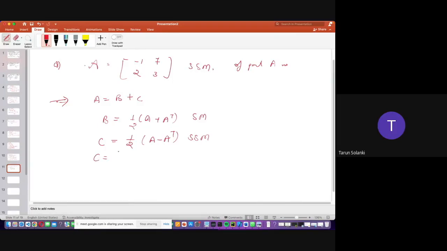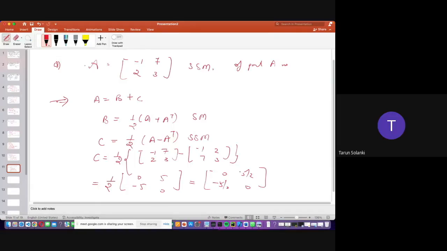So C is half of minus 1 7 2 3 minus minus 1 2 7 3, so that can be half of 0 5 minus 5 0. Okay, so this is your skew symmetric part of A. Okay, so you can copy down this.